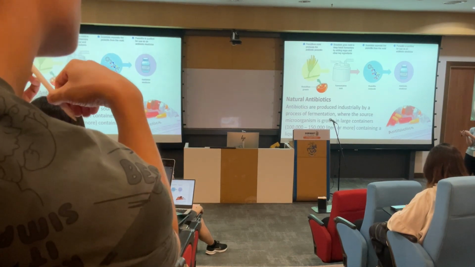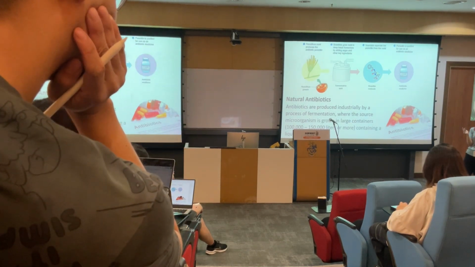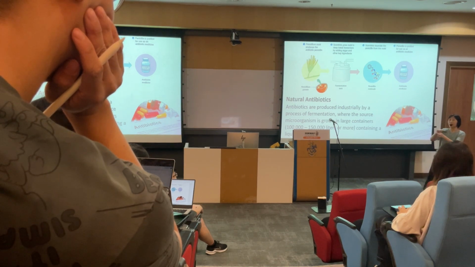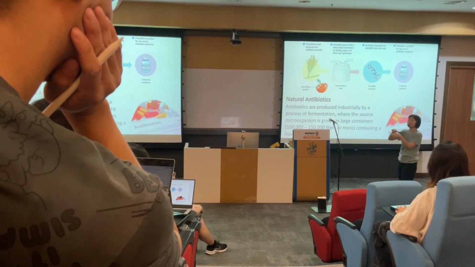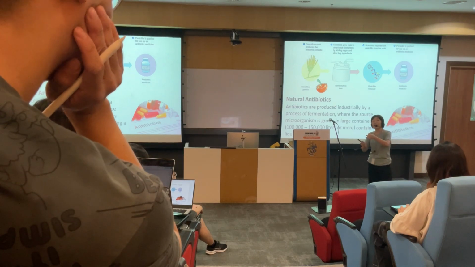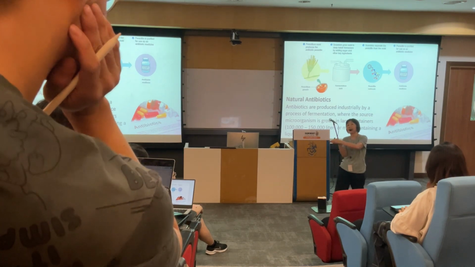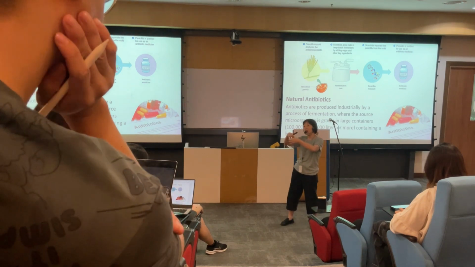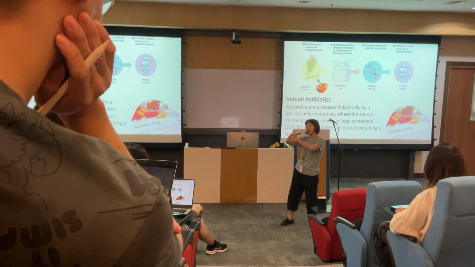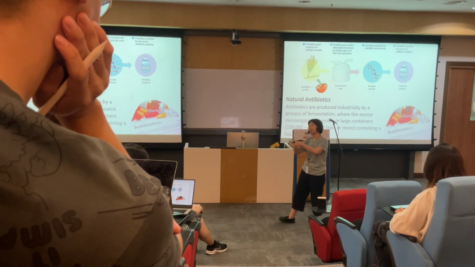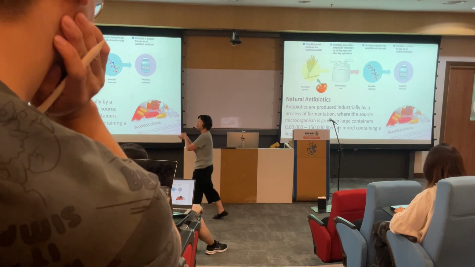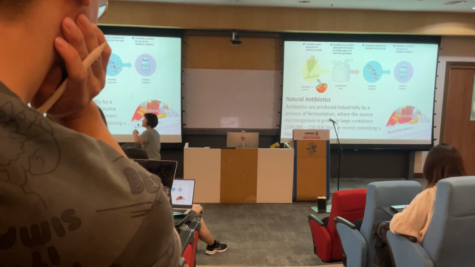You will have seen something, I forgot what the name of that is. You have a disc with, let's say, penicillin dropped on the disc, and then the disc is put on the agar plate where you have grown a lot of bacteria. Around the disc, surrounding it, there will be a clear zone, meaning that the penicillin is actually killing the bacteria growing around the disc.